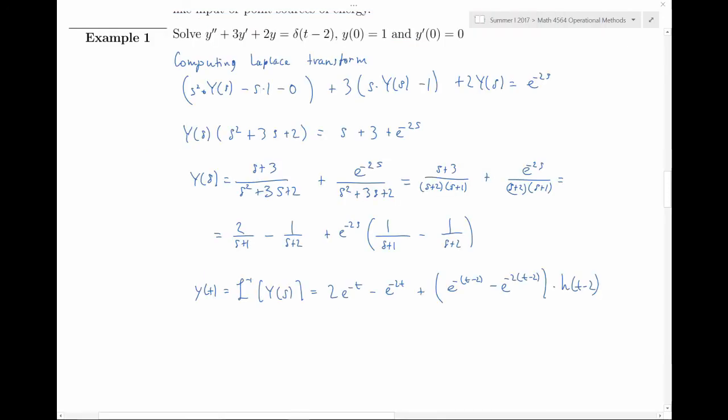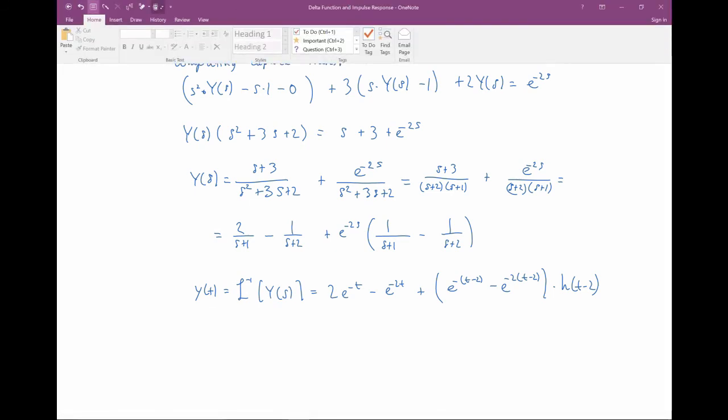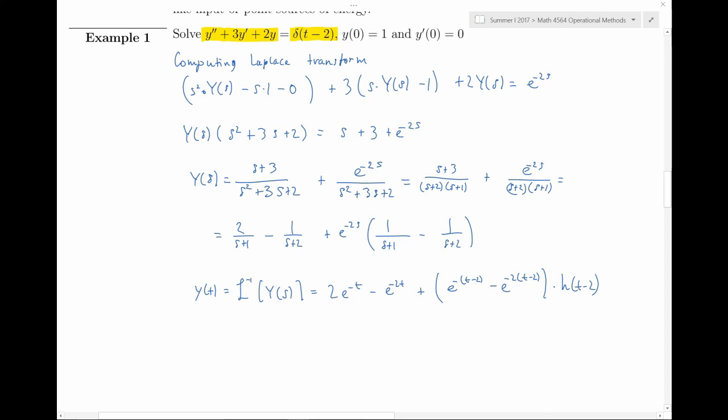Let's look at where this can come from. If we look at the original equation, then we can say that one of the terms, the y prime or y double prime or y itself, should have a delta function in it. But with each successive derivative, the terms will get nastier and nastier, and delta is quite a nasty term itself. So it must be that the y double prime has a delta function in it. And if y double prime has a delta function in it, y prime should be the antiderivative of it, so it should have a step. And since y prime is discontinuous, y should have a corner.